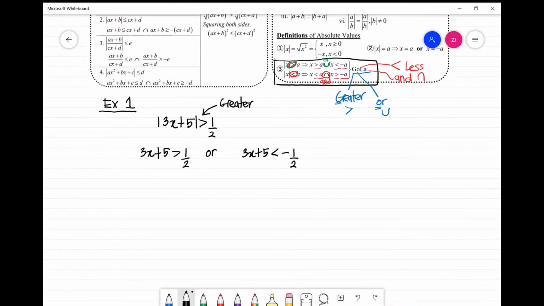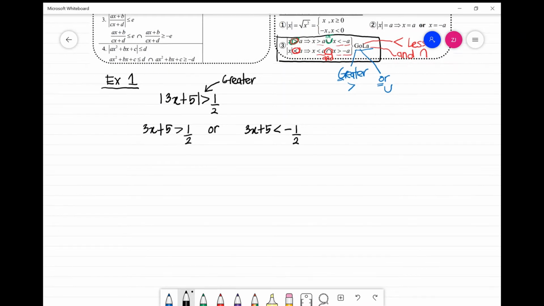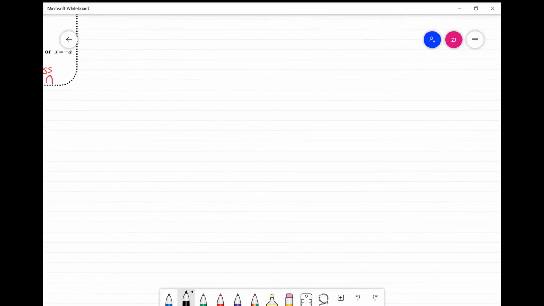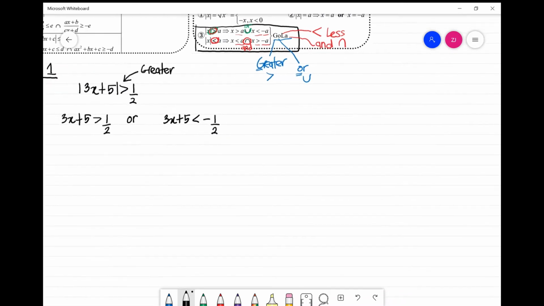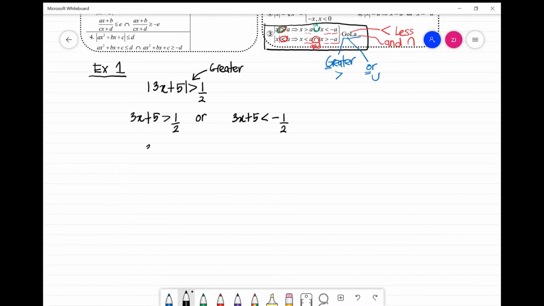After we split into two, we can see that we have two linear inequalities. Now let's solve them one by one. We have 3x greater than half minus 5, which will give us negative 9 over 2, and we have x greater than negative 3 over 2.